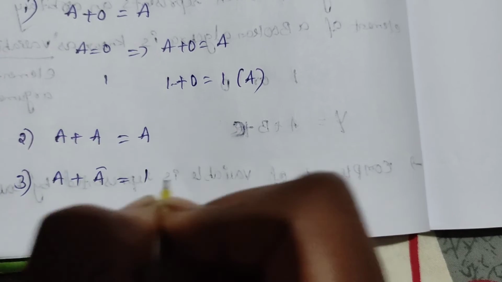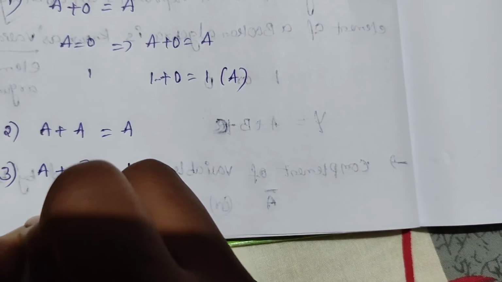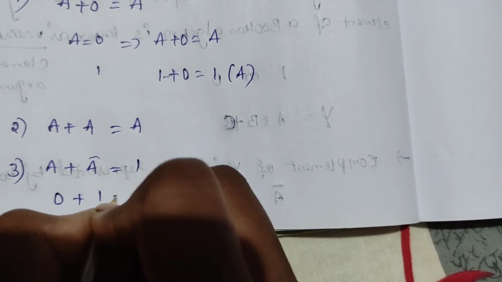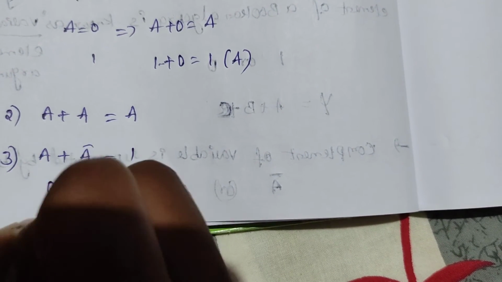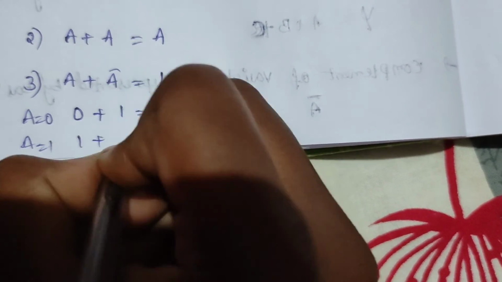This is the third one. So if a is equal to 0, 0 plus 1 is equal to 1, or if a is equal to 1, 1 plus 0 is equal to 1. Fourth, a dot a is equal to a, that is, a and a is equal to a.